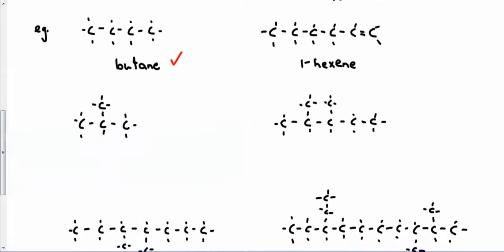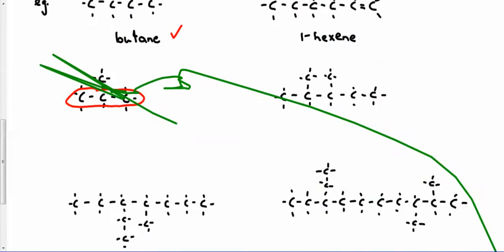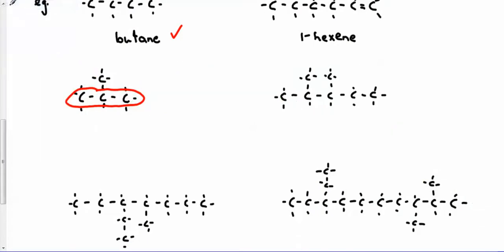Often what I suggest to students is that they circle the longest chain that they can see. When I circle the longest chain, I see that right there. Some might say that this is the longest chain, and you are correct.